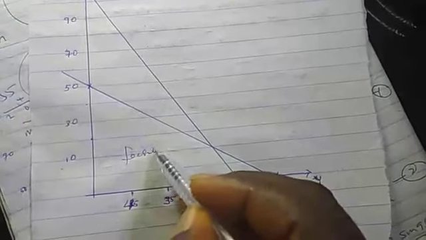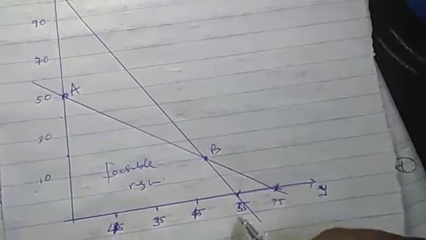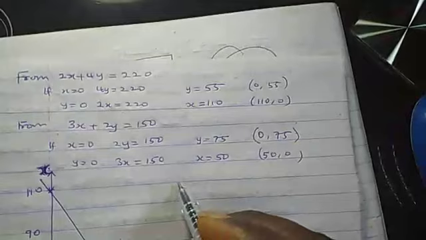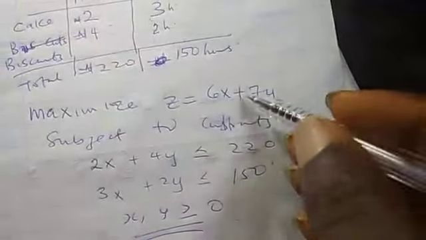Now, this will be the feasible region. What are the points that bound it? I have point A, I have point B, and I have point C. Now, let me write out the maximization, 6x plus 7y.